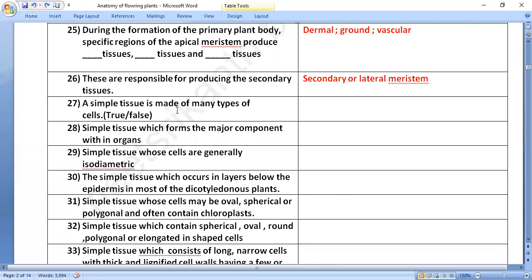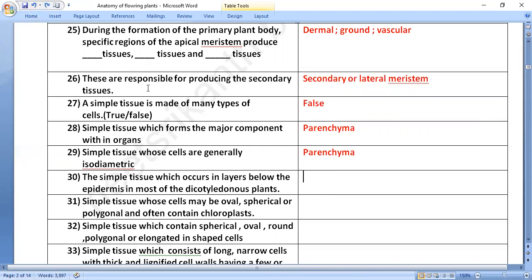A simple tissue is made of many types of cells. False. The simple tissue which forms the major component within organs is parenchyma. Its cells are generally isodiametric.